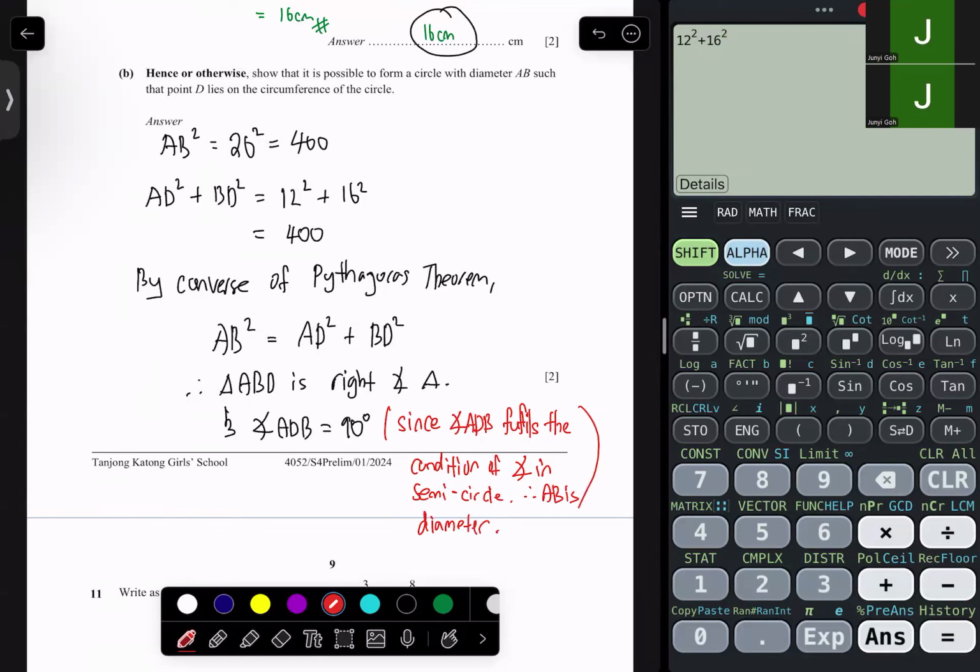Oh, a bit windy. All right. But what is important down here is this series of steps to prove a right angle triangle.